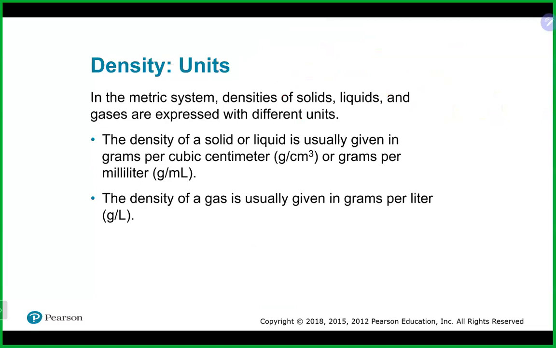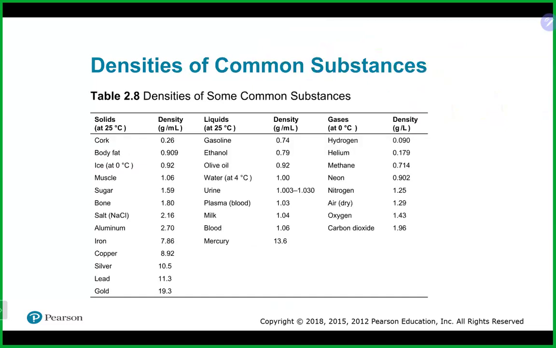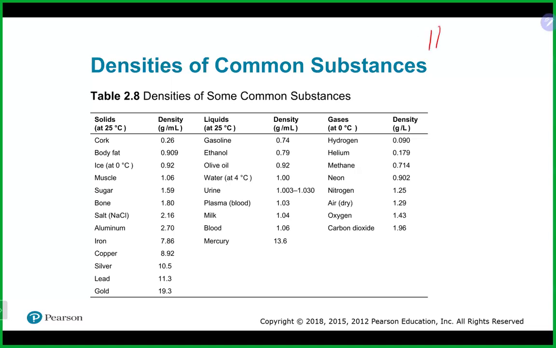So as I mentioned before, these are our common units of density: grams per cubic centimeter, grams per milliliter, and again, for gases, grams per liter. Here are some of the density values of some common substances. Water's density, and that's liquid water, by the way, and density does change with temperature.